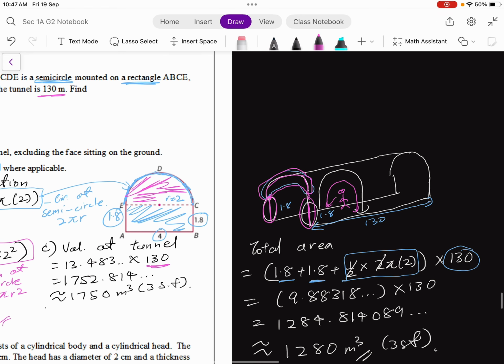So here is the left side, here is the right side, and here is the semicircle.